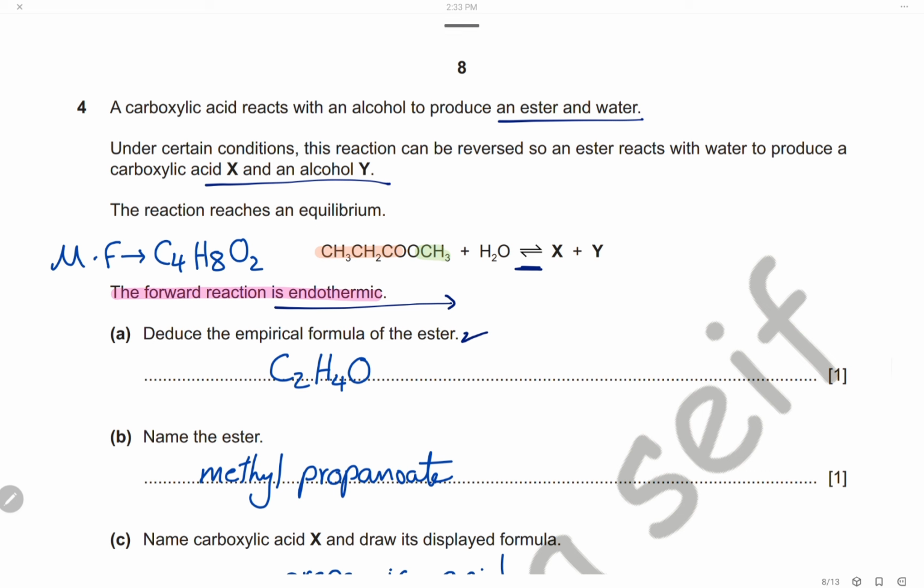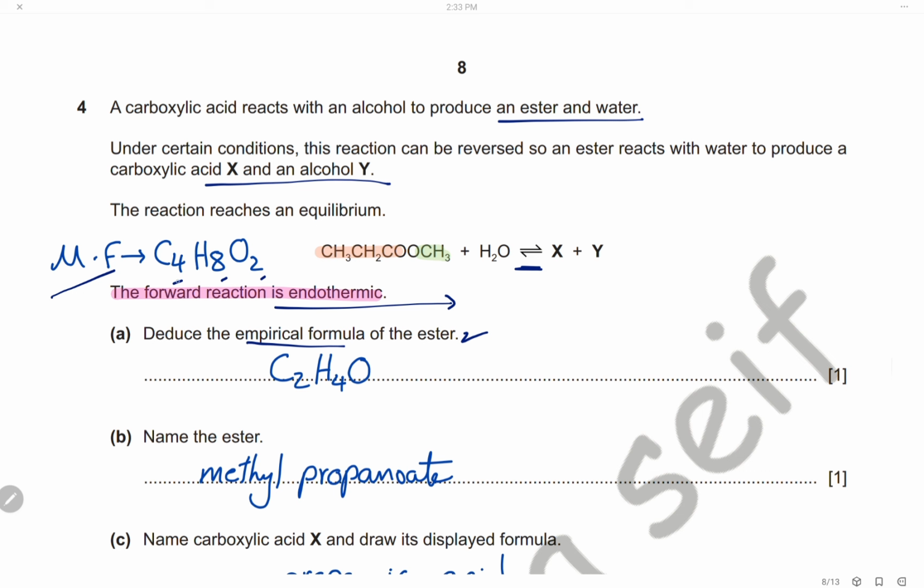To know the empirical formula, we will first write the molecular formula by counting the number of carbon atoms. Here we have 4 carbons, 8 hydrogens, and 2 oxygens. So the molecular formula will be C4H8O2, and then the empirical formula is the simplest whole number ratio of the molecular formula.